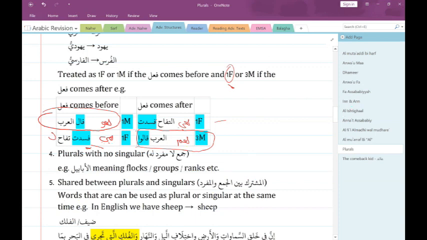So that's basically how I would categorize it. If I'm talking about people, I can either say the "huwa" version if the fi'l comes before, or I can use the "whom" version if the fi'l comes after. And if I'm talking about non-human stuff, then basically it's singular feminine either way. I hope that's clear.